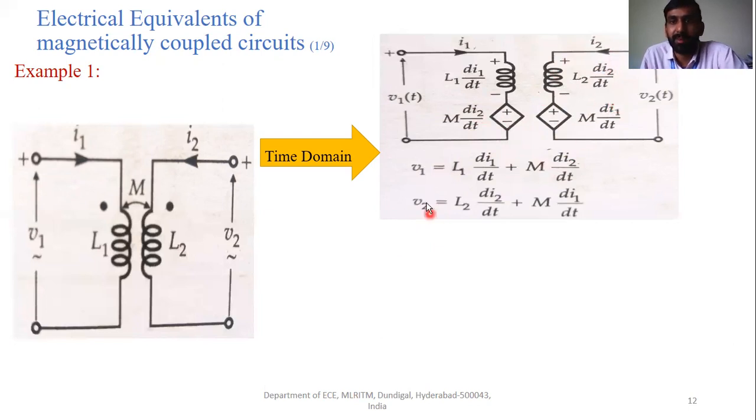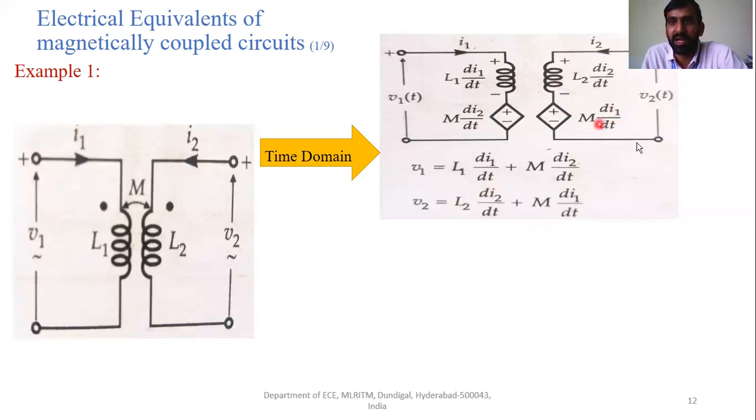Similarly, applying KVL to loop 2, we have V2 is equal to L2 into di2 by dt, because the self-inductance of coil 2 is L2 and the current flowing through it is I2, plus M di1 by dt. Why? Because here it is I1, since it is a mutual inductance term. Mutual inductance term means with respect to the other coil, the change in the current of the other coil.